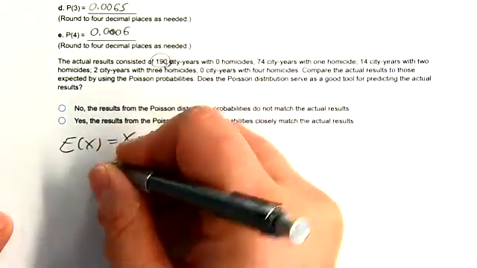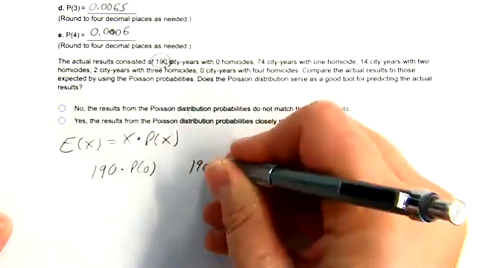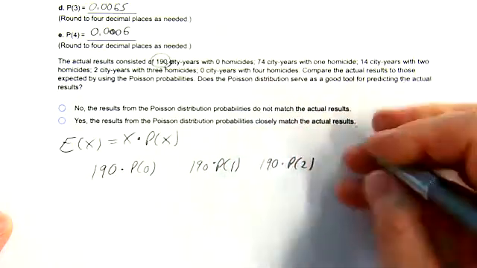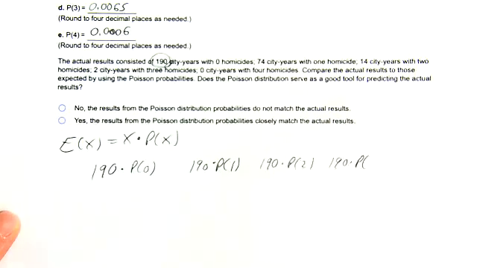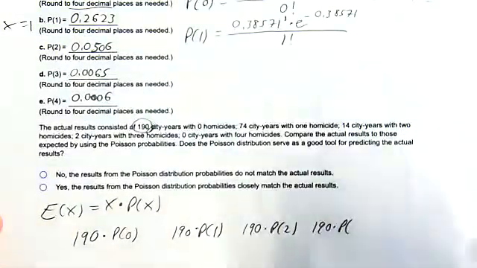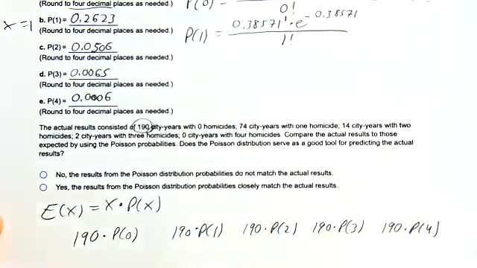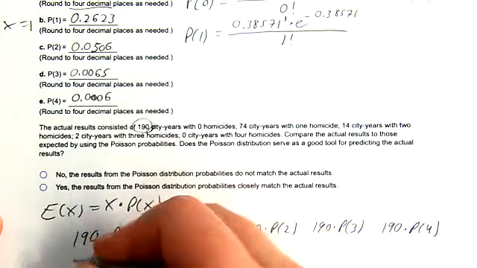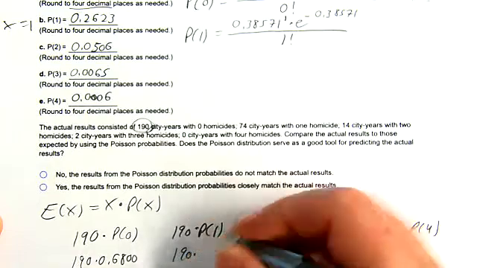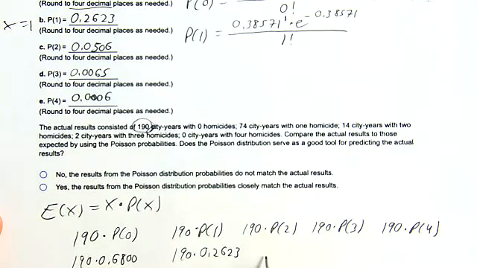So it would be 190 times the probability of 0, 190 times the probability of 1, 190 times the probability of 2, 3, and 190 times the probability of 4. So you're just going to replace these probabilities with these answers you just got. So it'd be 190 times 0.6800, 190 times 0.2623, etc.